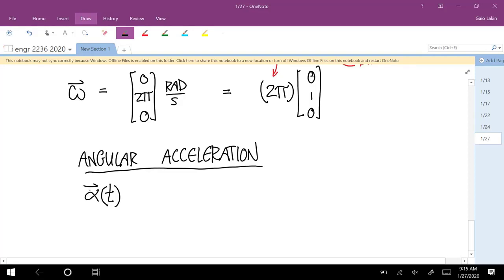And in general, it'll be a function of time. And that is defined as the time derivative of the angular velocity vector.